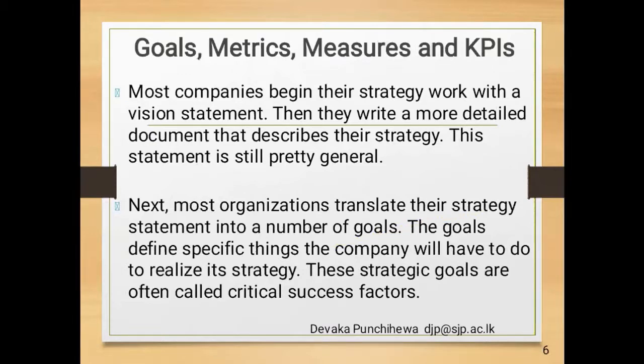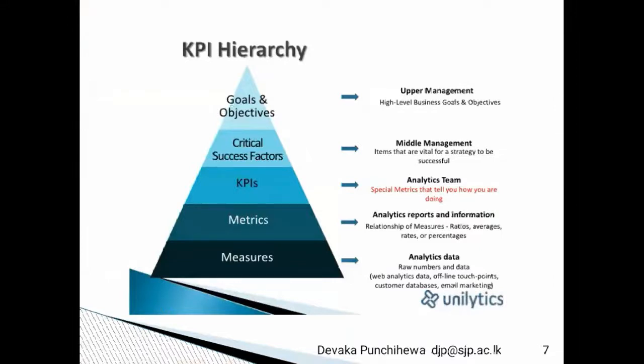Then we have this diagram, where we try to simplify things, right? In the upper management, which we have discussed very extensively in earlier lessons, they set high-level business goals and objectives for the organization.